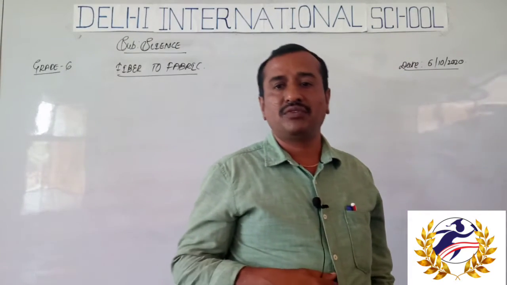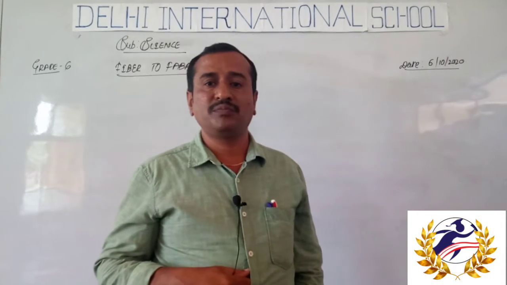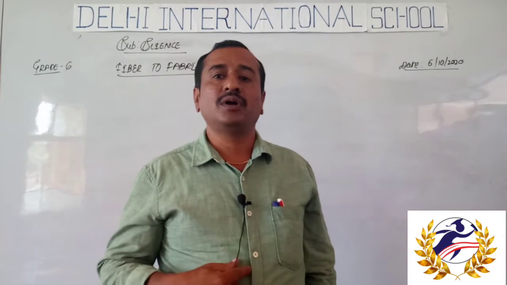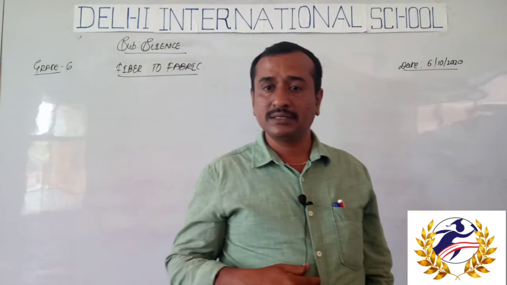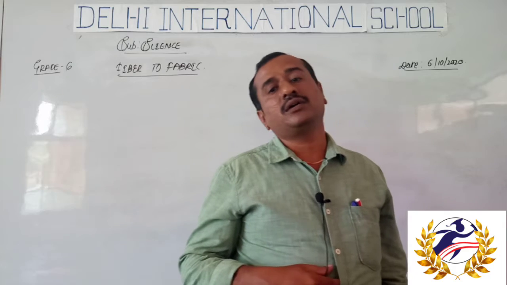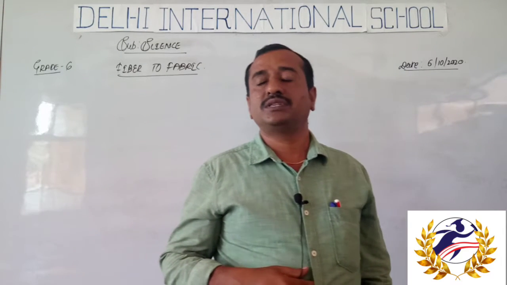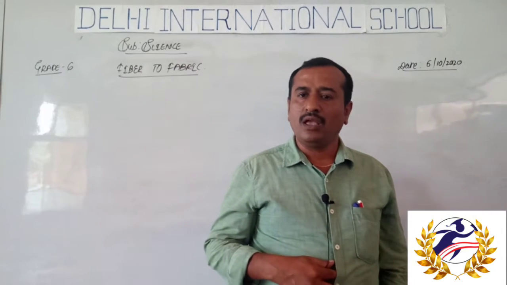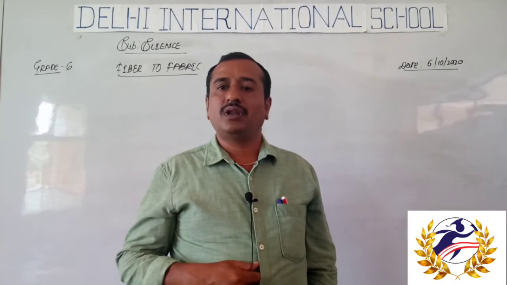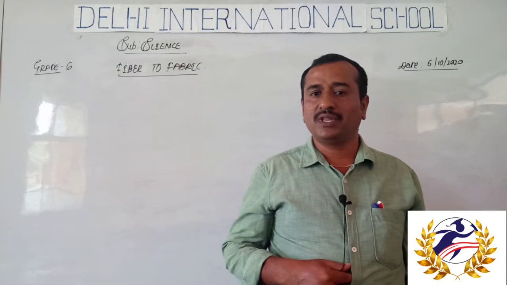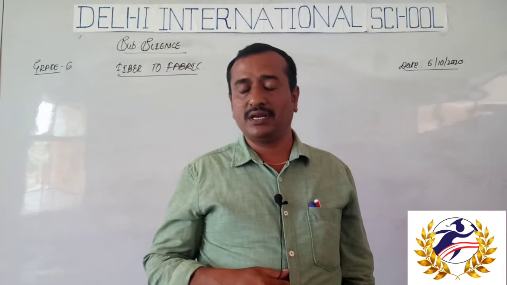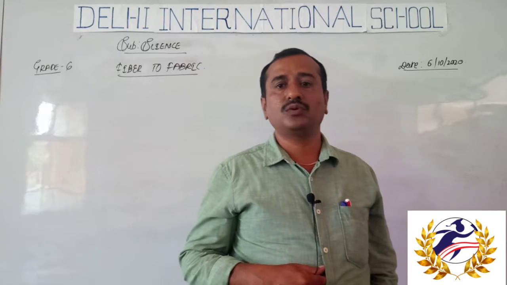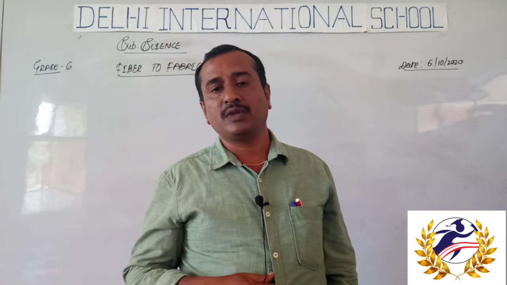Wool is obtained from the fleece of sheep or goat, and even from the fur of rabbit and yak. These are examples of fibers obtained from animals. Silk is obtained from the cocoon of the silkworm.